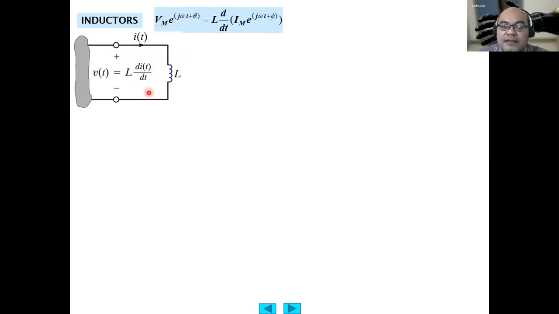For L di/dt, the current i we change into Im exponent j omega t plus phi, the new phase. The derivative with respect to time becomes j omega, so j omega L Im exponent j omega t plus phi.